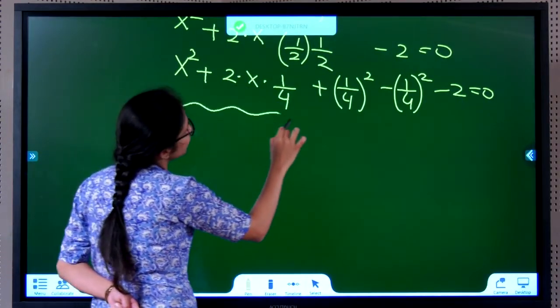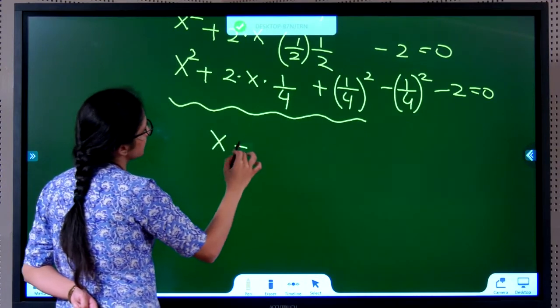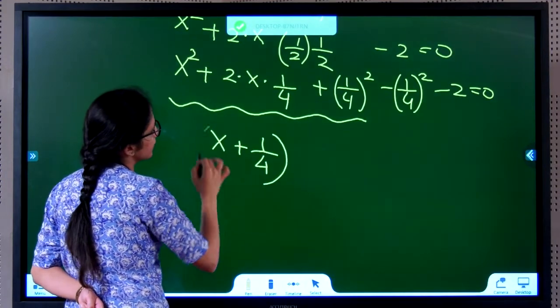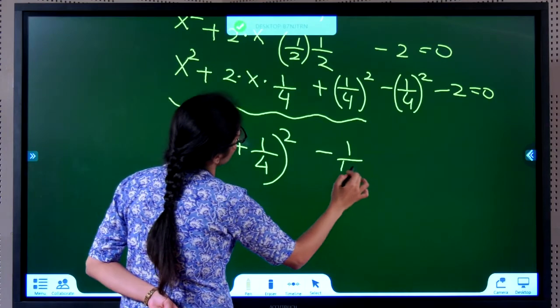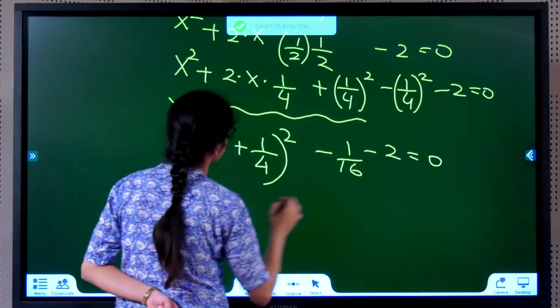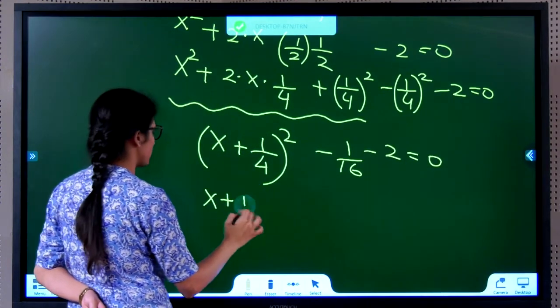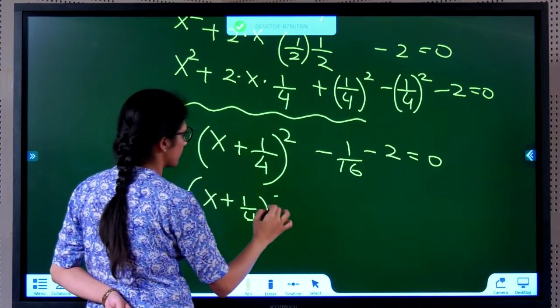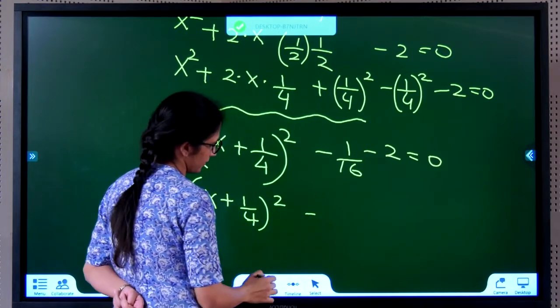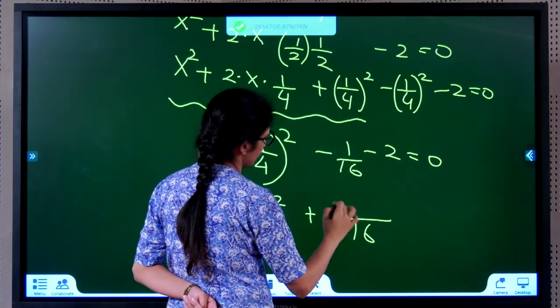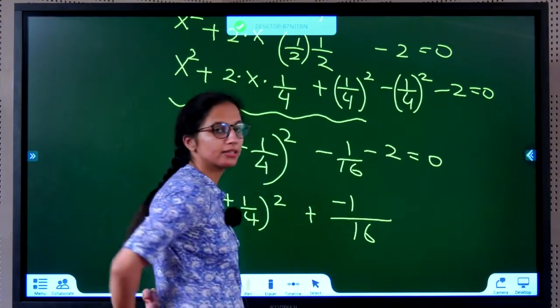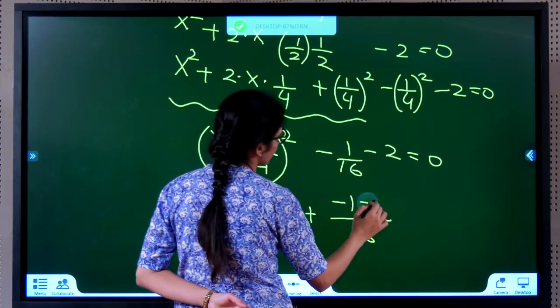A square plus 2ab plus b square, a plus b the whole square. You have completed the square now. Minus 1 by 16 minus 2 is 0. X plus 1 by 4 the whole square, plus LCM is 16, minus 1, multiply and divide with 16. So this becomes 32.